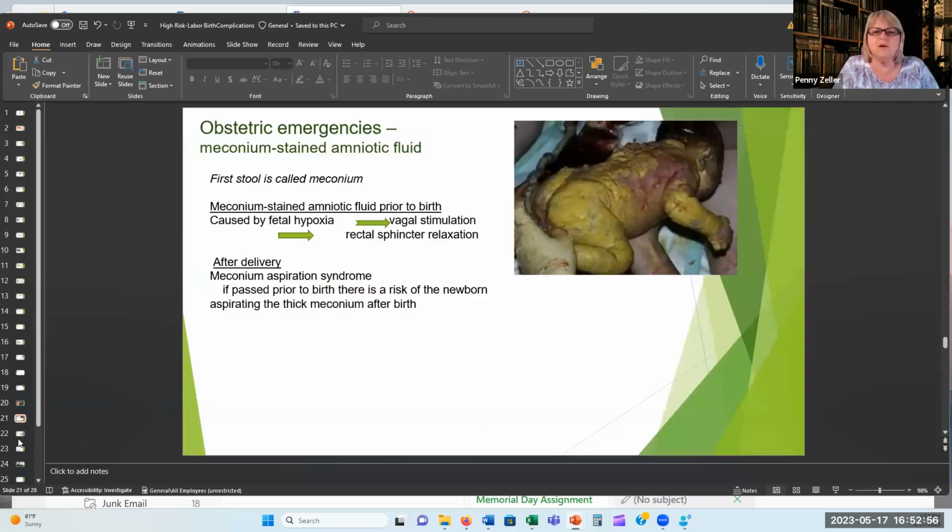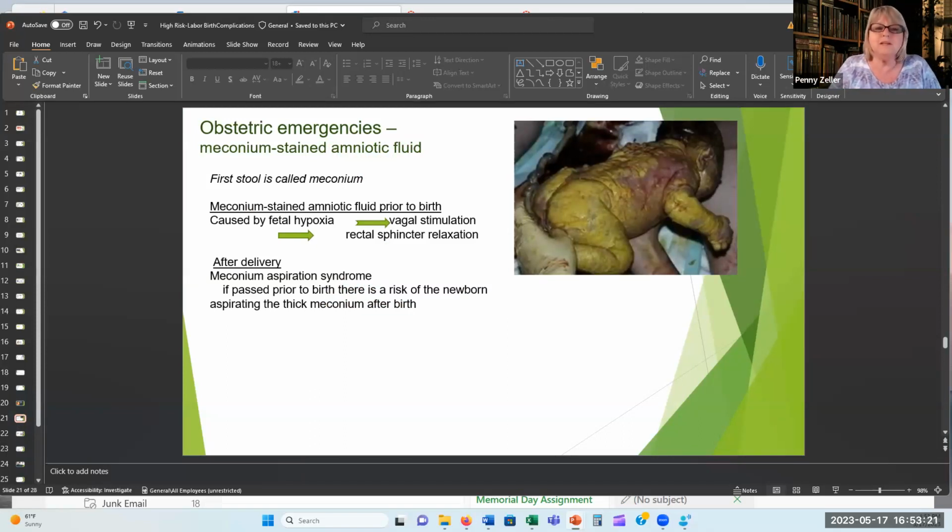Meconium is also an emergency. During labor, if the baby has a lot of late decelerations or umbilical cord prolapse, anything that reduces the amount of oxygen the baby gets during labor actually accumulates. So the baby could become hypoxic during labor.